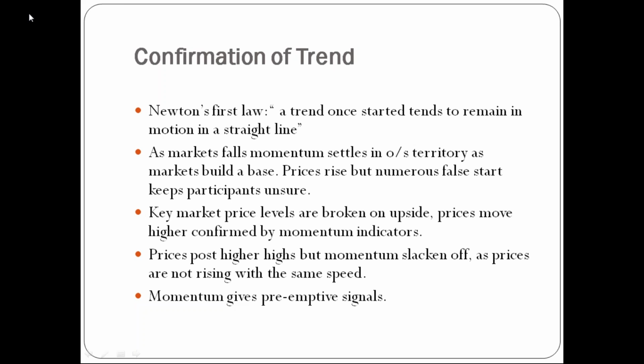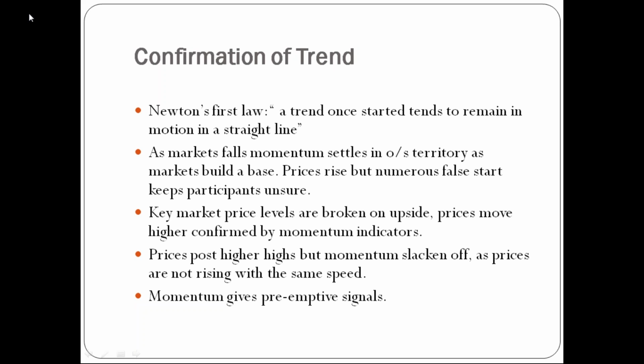And in that oversold territory, it gives many false signals to the user that the market has started to rise or has changed its direction. Now this is the phase where the momentum indicator is basing. It's not going below that par, and still the market has been falling, right?